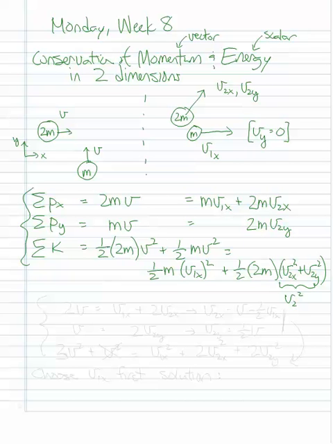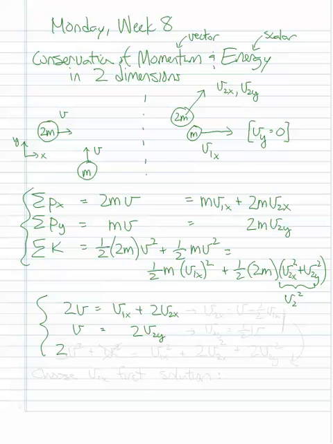Okay, so then I'm going to do the usual thing here. I'm going to divide through by m, and I'm going to divide through by the 1/2 to make this a little bit simpler. And so here we go. I'll just rewrite it here. And I get 2v is v1x plus 2v2x. And then I get v is equal to 2v2y.